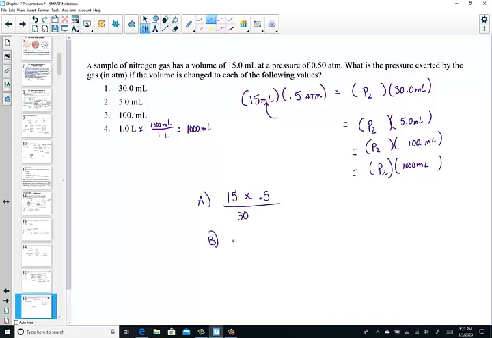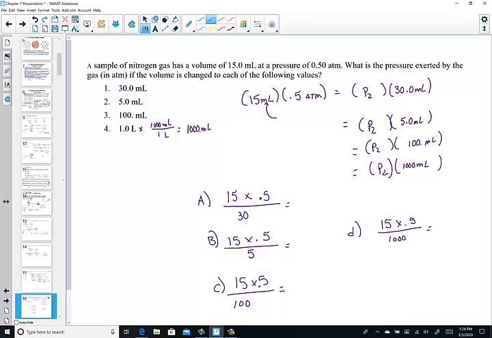In letter B, you would hit 15 times 0.5. This time you'll divide by 5. And in letter C, you would hit 15 times 0.5 over 100. And in letter D, you did 15 times 0.5 over 1,000. And each time there, you have like units on both sides.